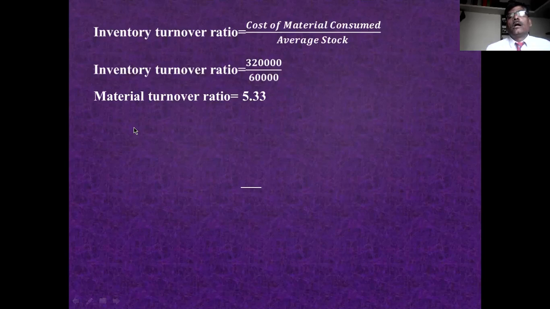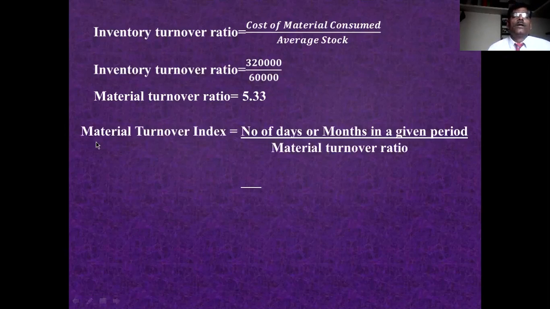Then the next question arises: in August there are 31 days and you have to fill 5 times in August. Means for every how many days you have to fill the godown? That is called the material turnover index. Material turnover index is equal to number of days or months in a given period divided by material turnover ratio.